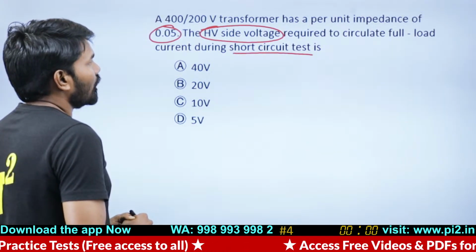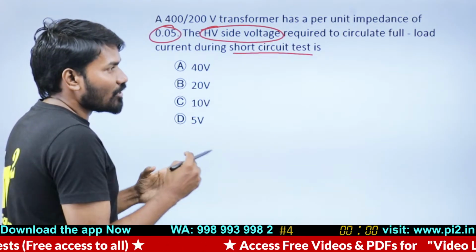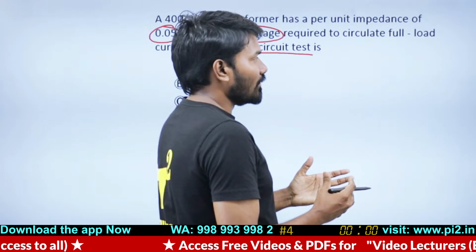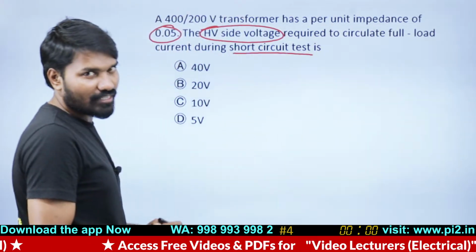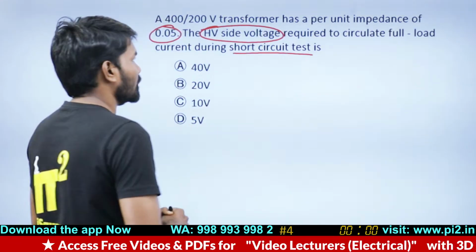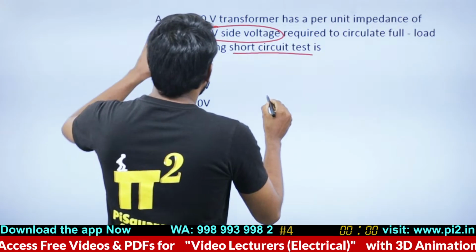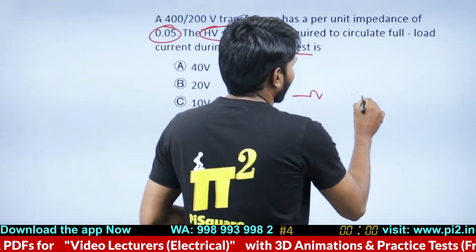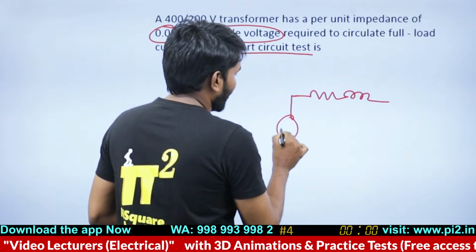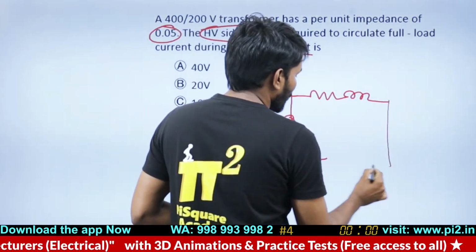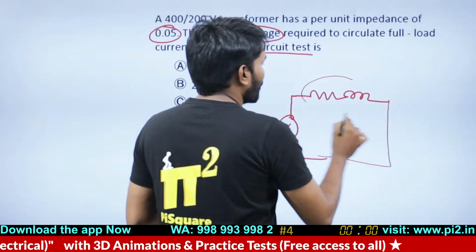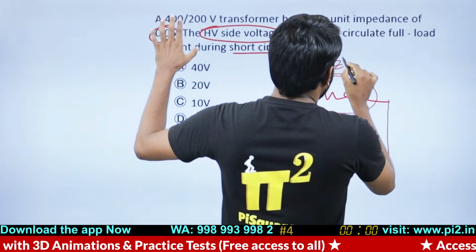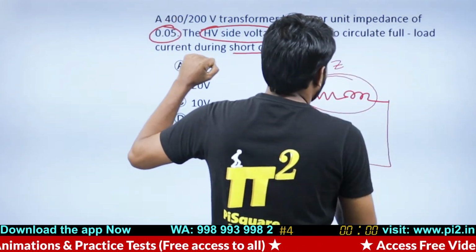Now, how much voltage should I apply so that the current will be the rated current? That's the question. It is simply short circuited. You have a supply and no load. The only opposition you have is the leakage impedance.